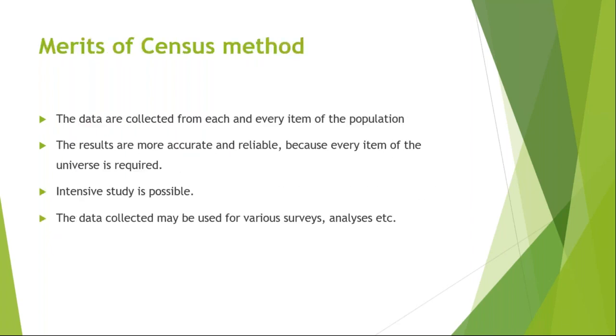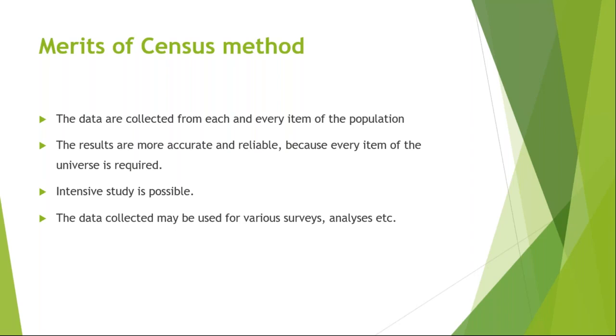Let's look at the advantages, the merits of the census method. Number one, the data are collected from each and every item of the population. We said it's a finite population, so nobody is left out. Every unit is represented.